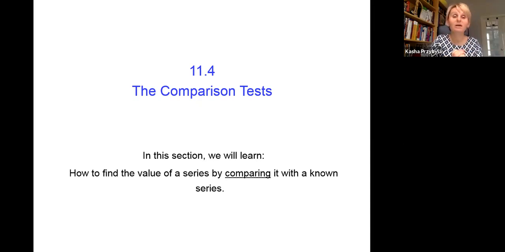We will talk about the comparison test, which theoretically is not really a new test, because when talking about improper integrals, we talked about the comparison, how we can compare. If the improper integral was divergent, like I always imagine divergence as infinity, huge, then everything that is greater is also divergent.